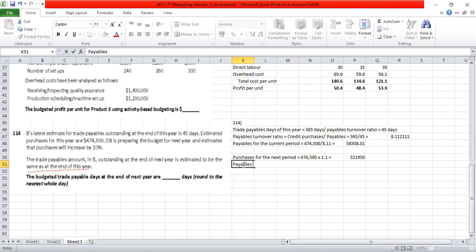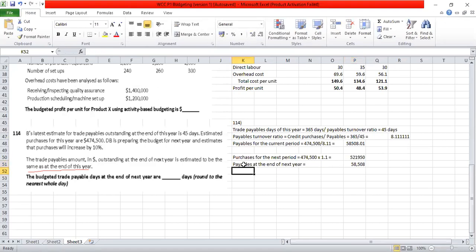Payables at the end of next year is equal to the payables we already got, 58,508.